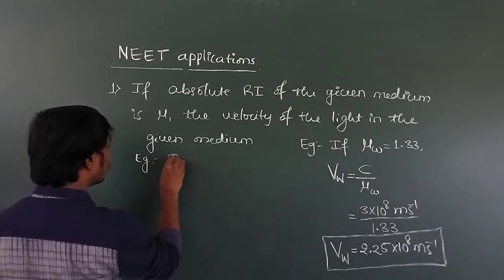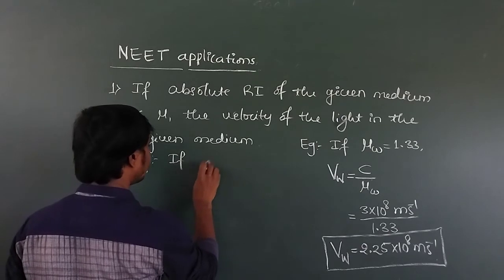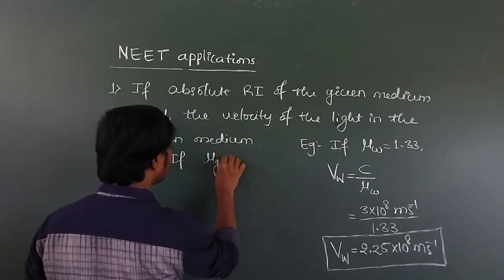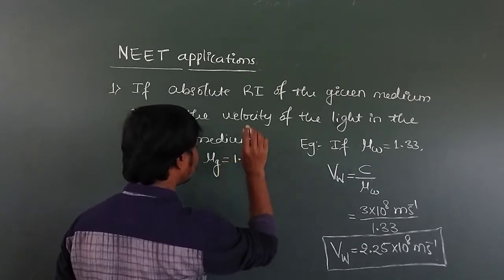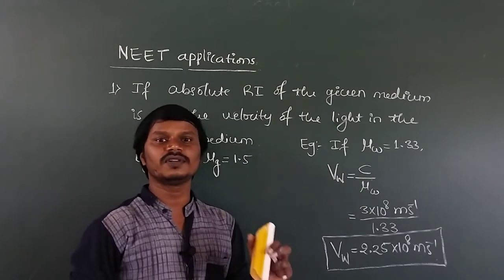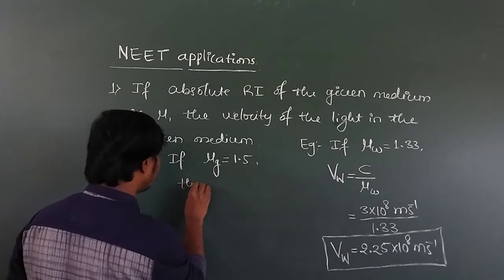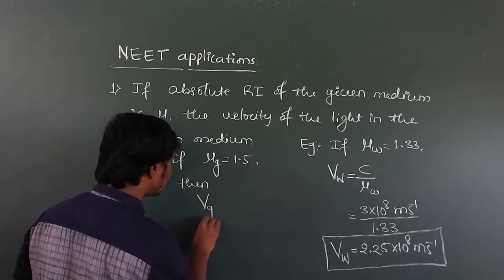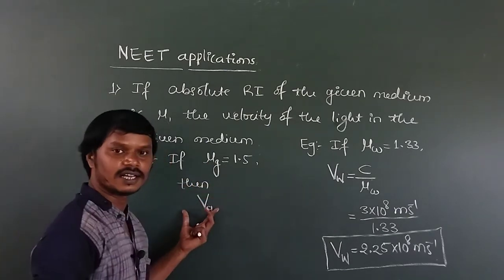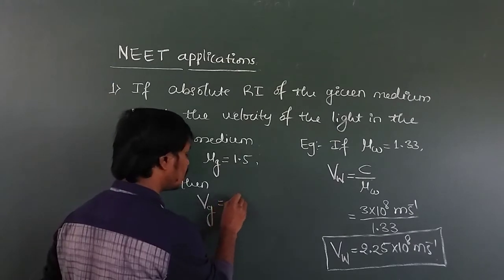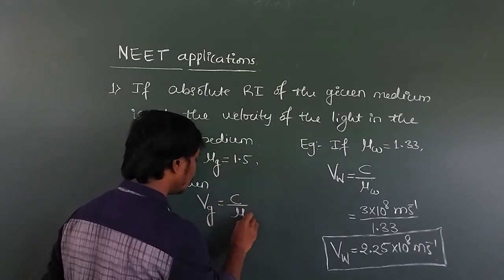If refractive index of glass is 1.5, then what is the value of velocity of light in the glass medium? Then Vg is equal to, Vg means here the velocity of the light in the glass medium, that is equal to C by mu g. What is mu g?